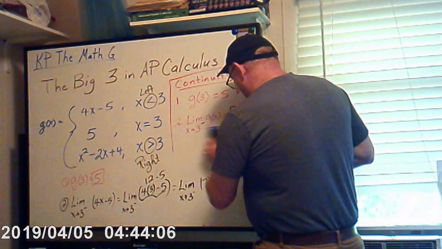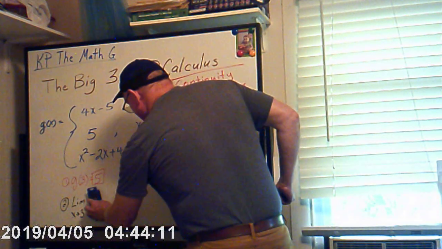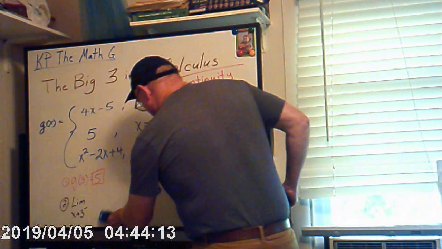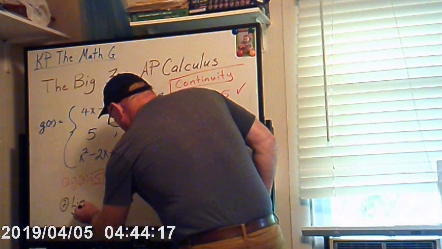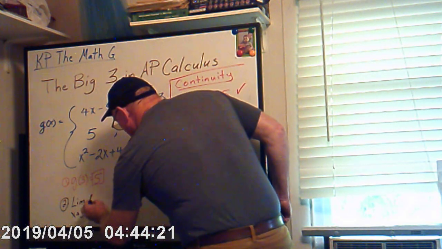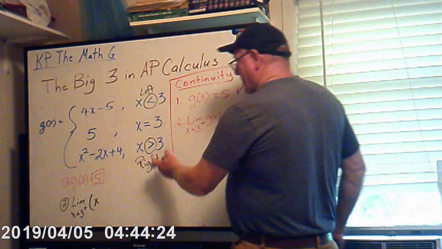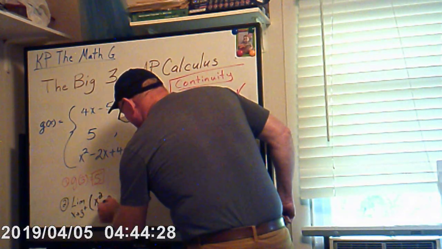Look at this next limit on the right. Alright, let's do that. You may be coming up with something here. Maybe we should have checked the right first, but anyway, it doesn't matter.